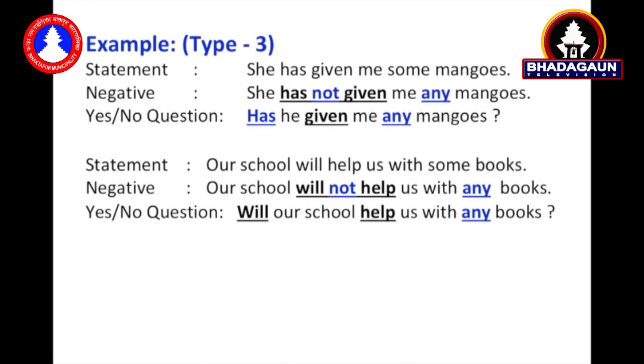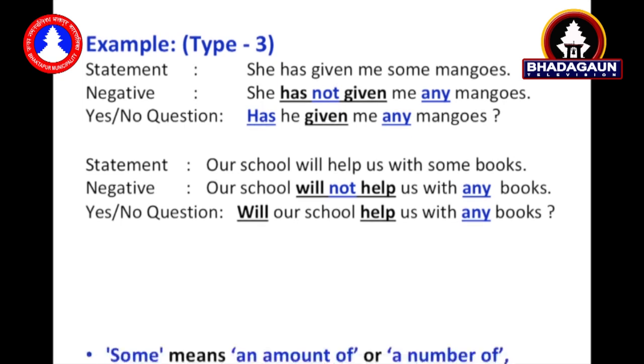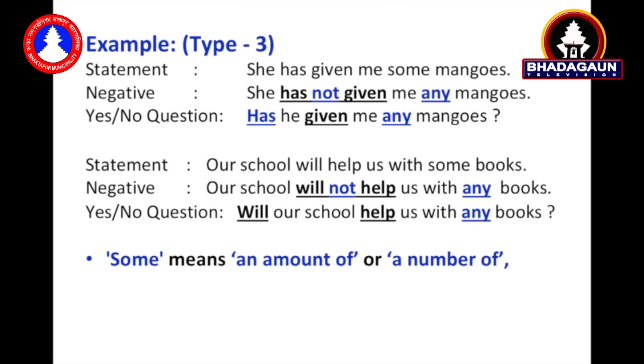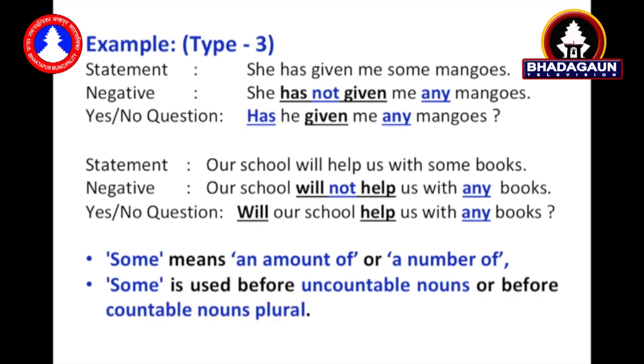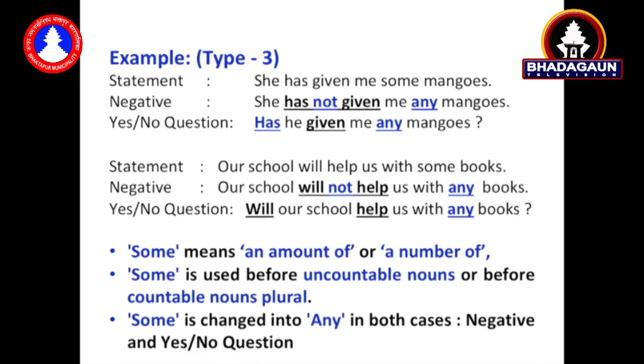And again some is changed into any, and will is used before the subject. Dear students, some means an amount of or a number of. Some is used before uncountable nouns or before plural countable nouns. And some is changed into any in both cases, negative and yes-no question.